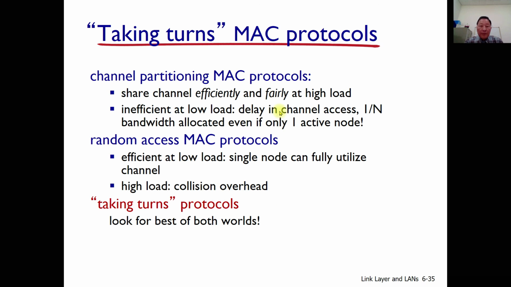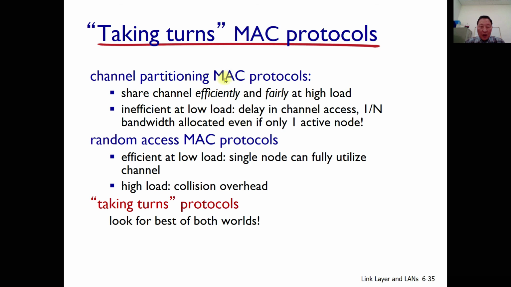Another scheme is the taking turns MAC protocol. A node waits for its turn, and if it gets that turn, then it sends. After sending, it waits for the next turn. That is the taking turns protocol. Channel partitioning MAC protocols share the channel efficiently and fairly at high speed, but are inefficient at low load.